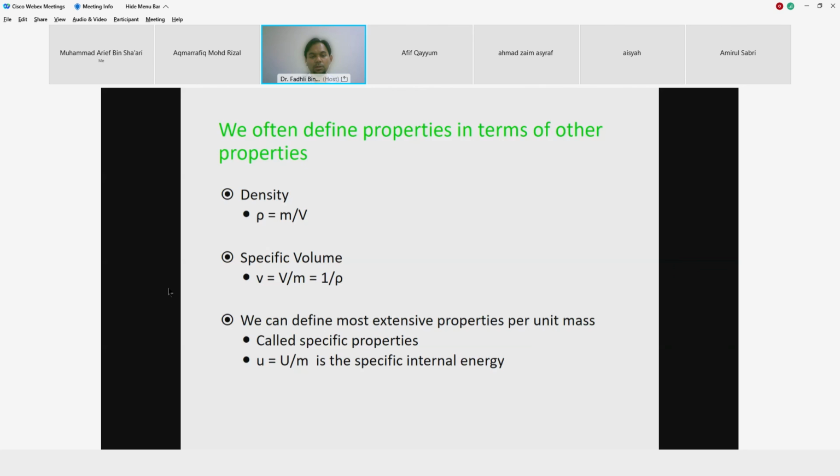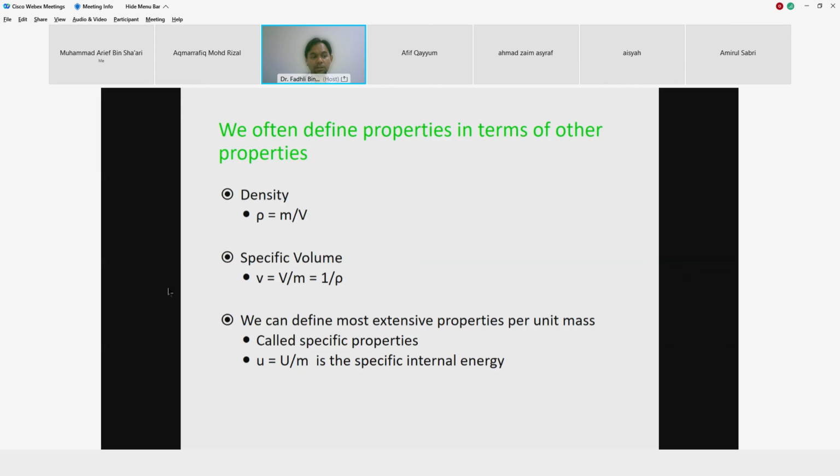Once we take the extensive property per unit mass, then their name becomes specific properties. For example, internal energy. Internal energy is an uppercase U. So if you make it per unit mass, divided by mass, then it becomes specific internal energy.